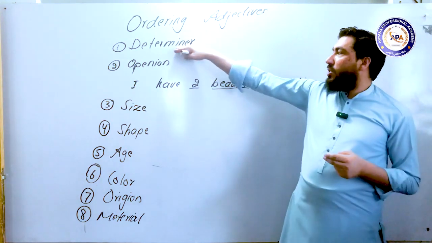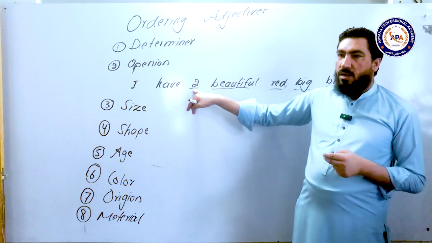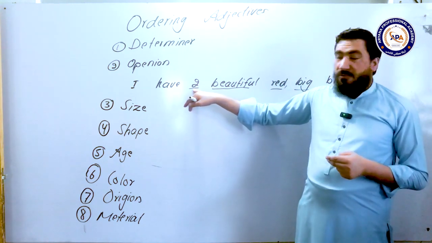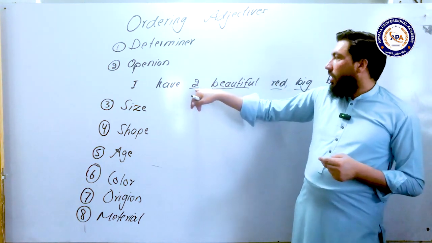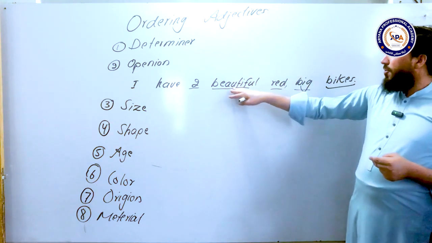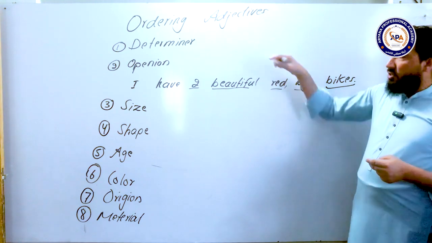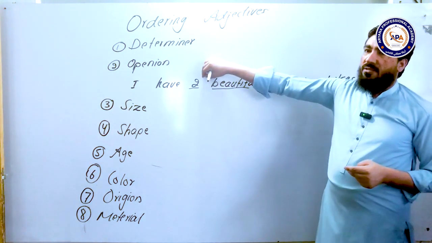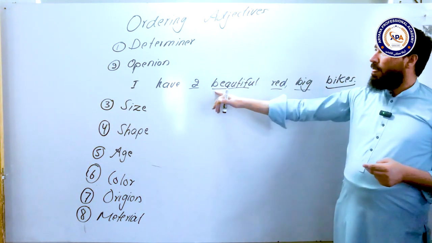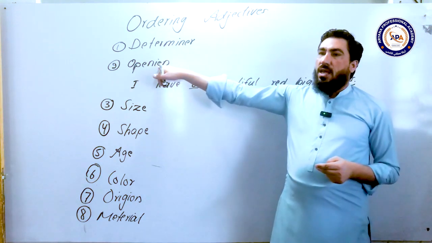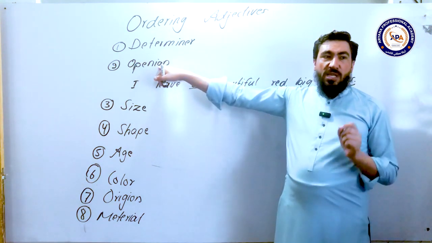Like determiner is used first. Two is a determiner. It is a quantifier. If you want to use this word after beautiful, red, or bike, that would be wrong, because determiner is used at the very beginning before a noun. Next, opinion. An adjective that shows the opinion.